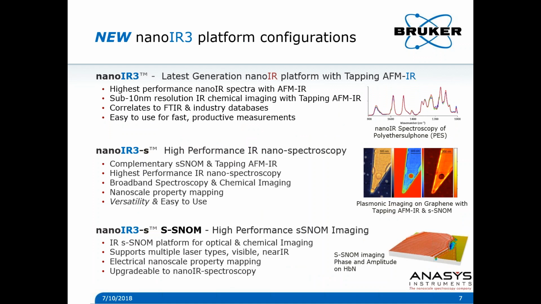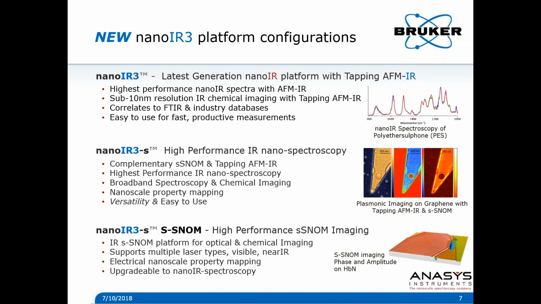So coming back to the Nano IR3, we recently launched the Nano IR3 platform. There are essentially 3 configurations of the Nano IR3. The first one is a platform that's focused primarily on photothermal IR spectroscopy with Tapping AFM-IR.